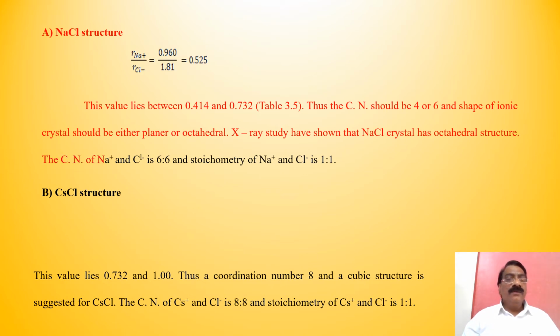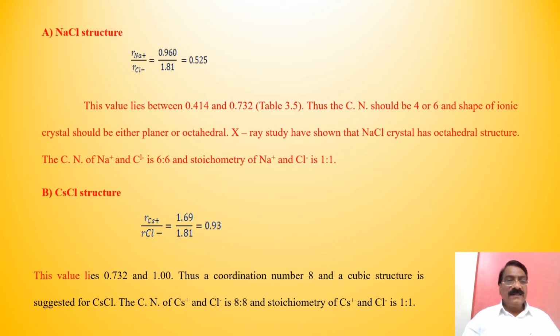The coordination number of Na+ and Cl- is 6:6 and the stoichiometry of Na+ and Cl- is 1:1. Second, CsCl crystal. For this crystal, R Cs+ upon R Cl- is equal to 1.69 upon 1.81 is equal to 0.93.